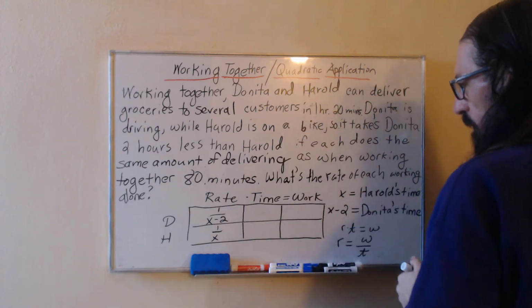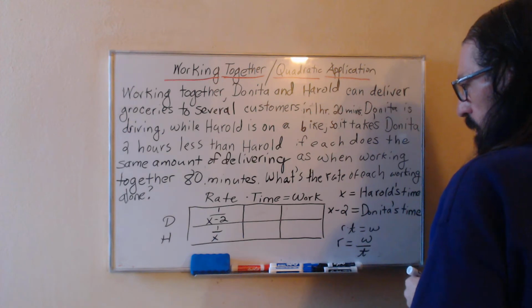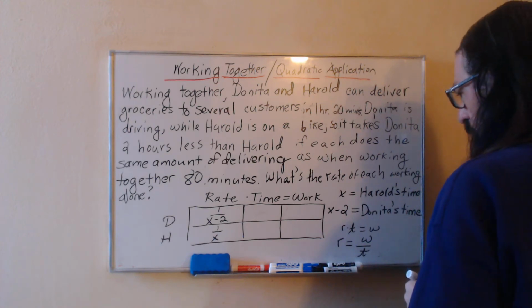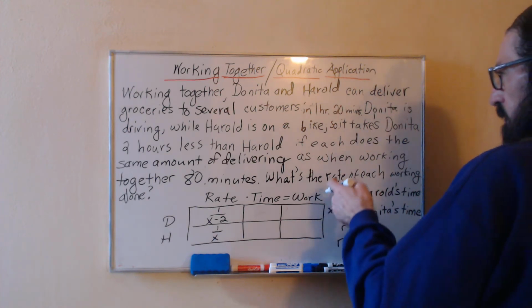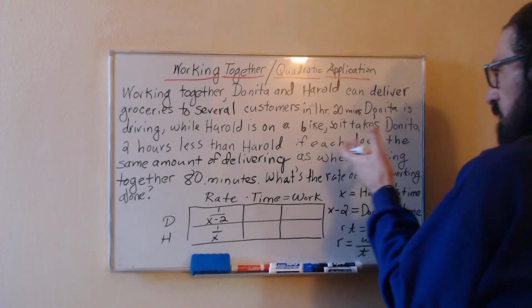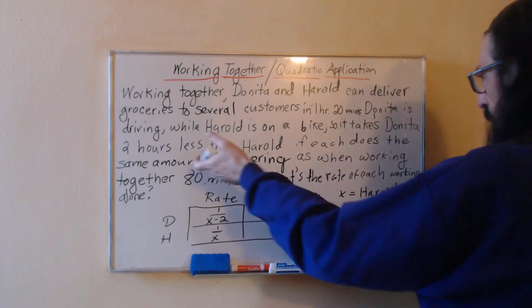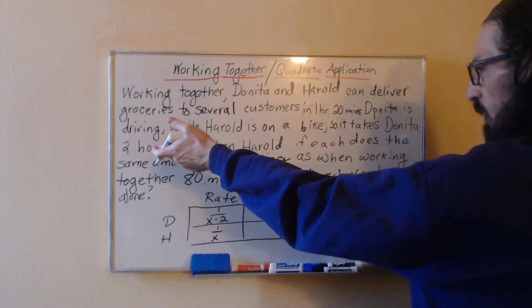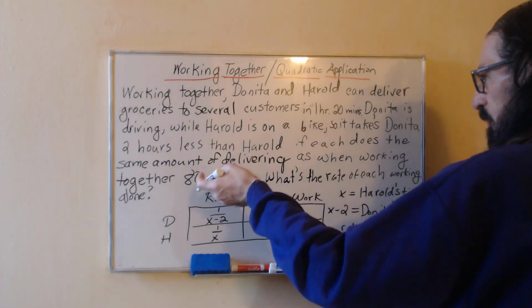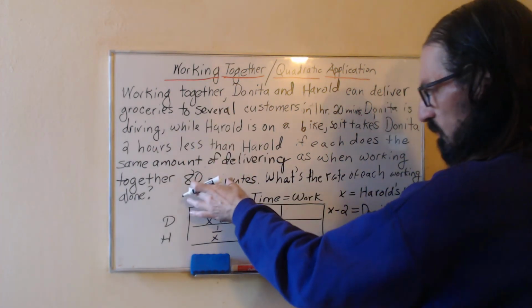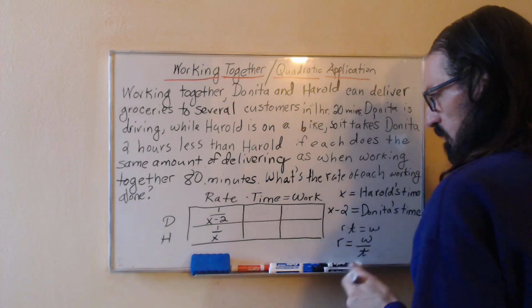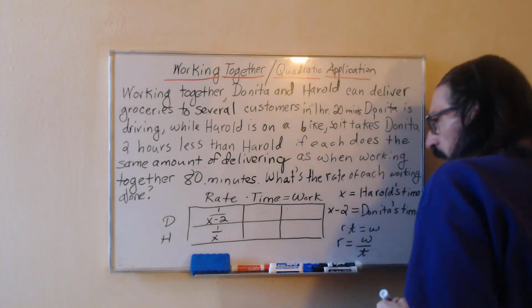Here we have the minutes purely, but the times that we're talking about, the comparison of Donita's time to Harold's time, is purely in hours. So we're going to have to take that 80 minutes and express it as hours.